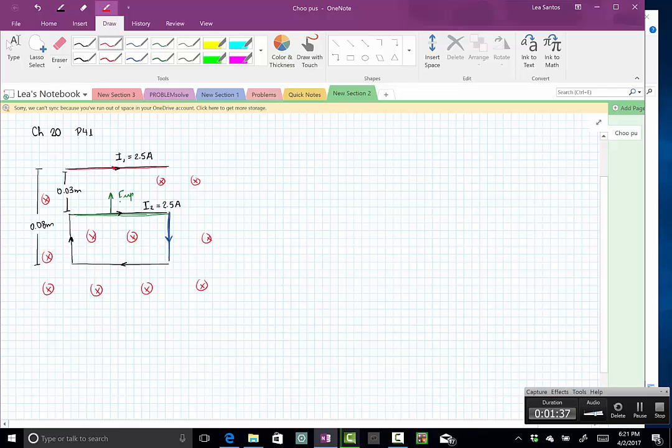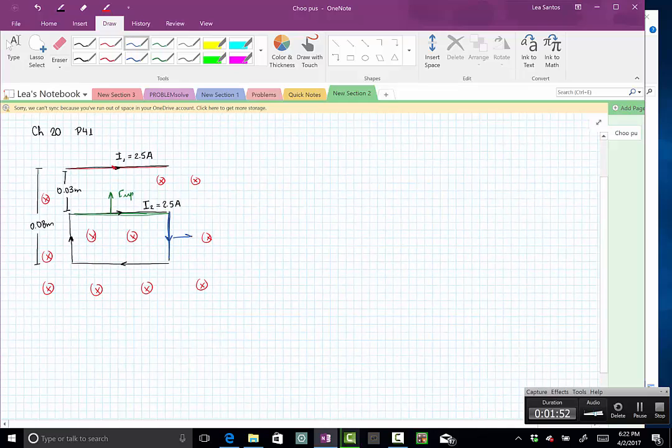Now I'm going to use the right-hand rule to find the force on this current going up on the right side. The current is going up, the field is into the page, so there is a force pointing to the right.